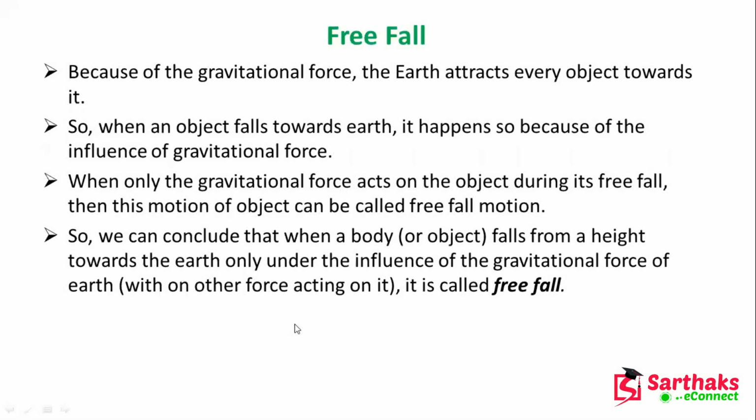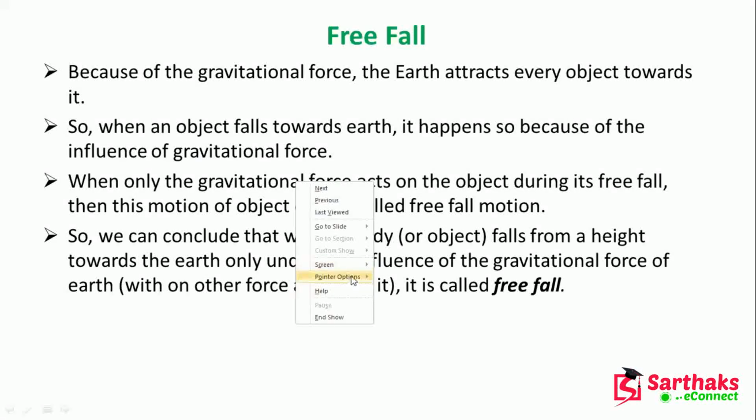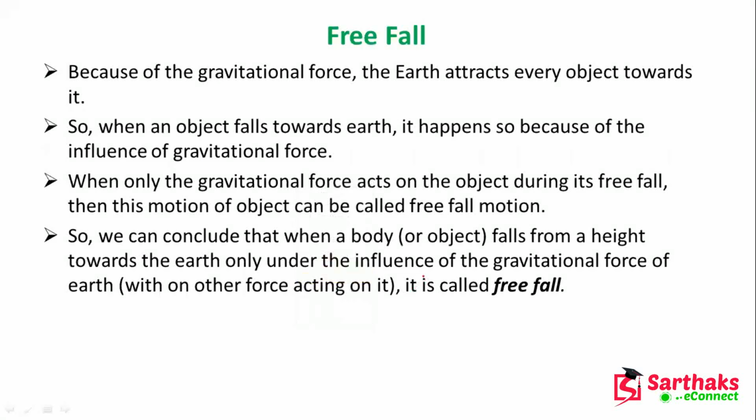Now, I'm just trying to draw one thing here. Suppose I have one object here, and this is the ground or earth surface, and this object will fall down, but no other force will be applied to the object, only the gravitational force.